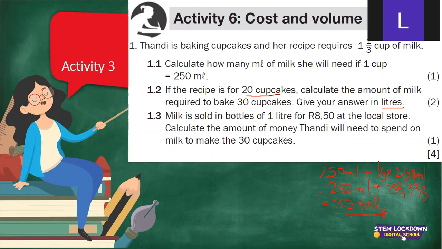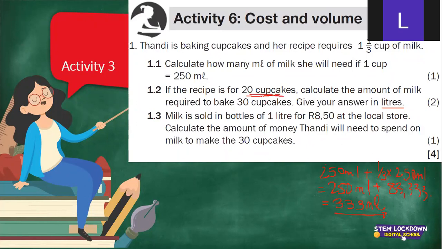So just to simplify my life, it is always best to first change the quantity you need to liters straight away, so that you won't forget. My answer must eventually be in liters, right? So I need to know how many liters I need for 20 cupcakes.